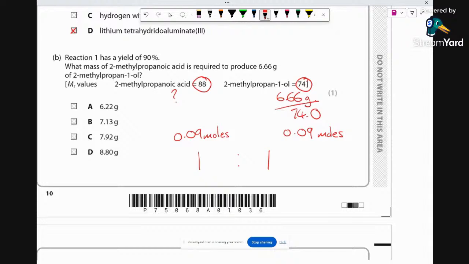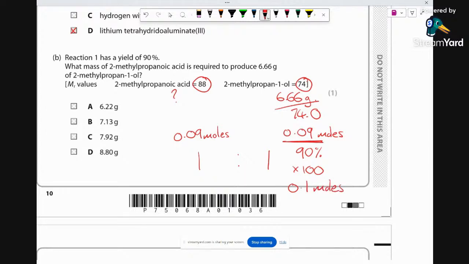But it's not a 100% yield. It's a 90% yield. What that means is this here is 90%. Well, what was 100% then? If I take 0.09 and divide it by 90, it'll give me 1%. So divide by 90, times by 100, and I get 0.1. This kind of makes sense.